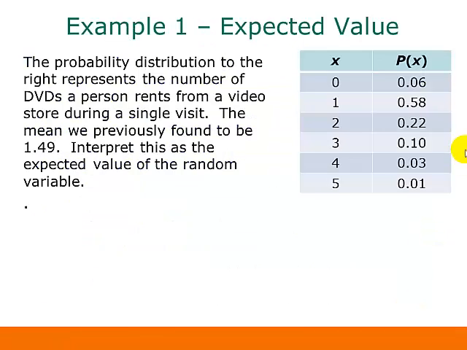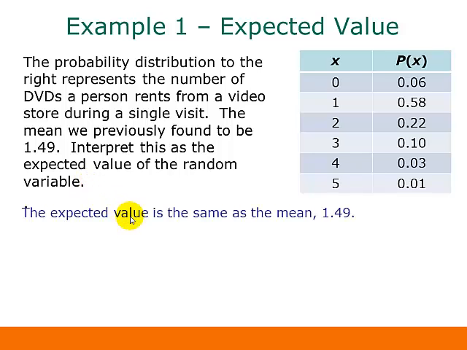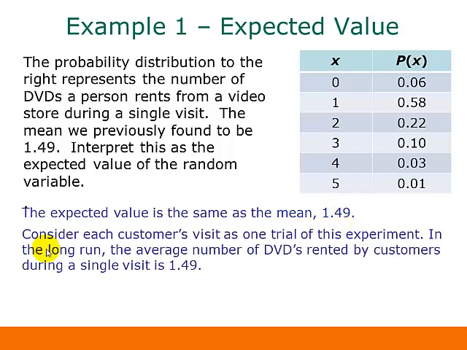Here's an example. This is the same probability distribution for which we already calculated the mean. We found that the mean was 1.49. Now we're going to interpret this as the expected value of the random variable. So our expected value is the same as the mean, 1.49.